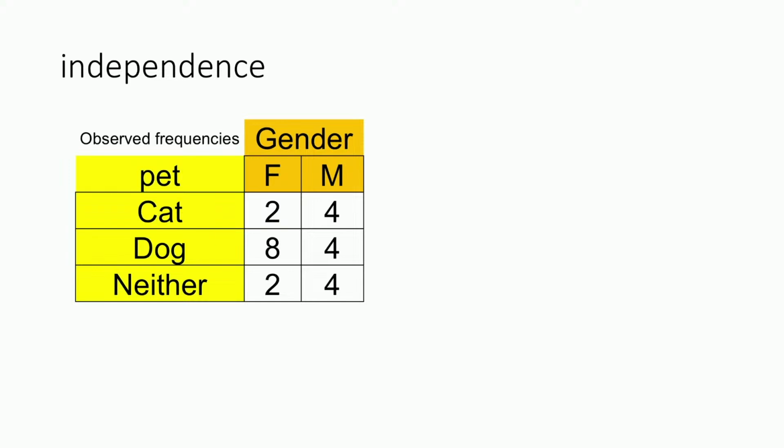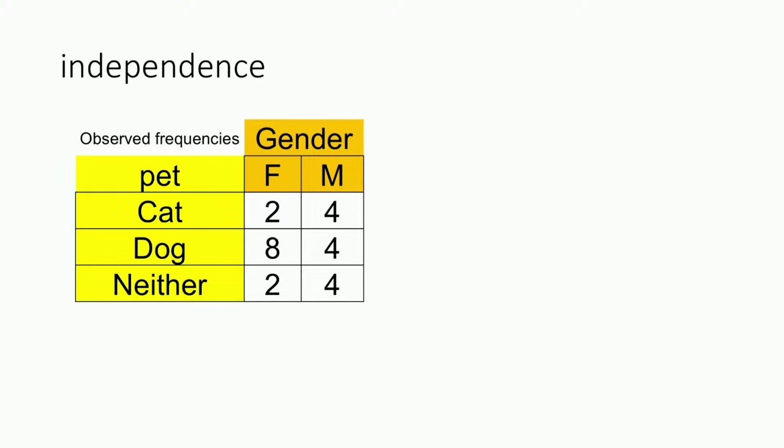For the males, this one's worse in terms of my massaging of the data. But I was surprised when I looked at this. There were more cat males than cat females. There are more male cat people than female cat people, at least in the data I was looking at.